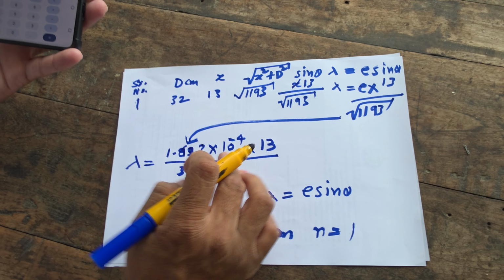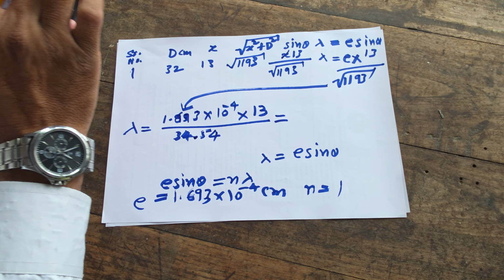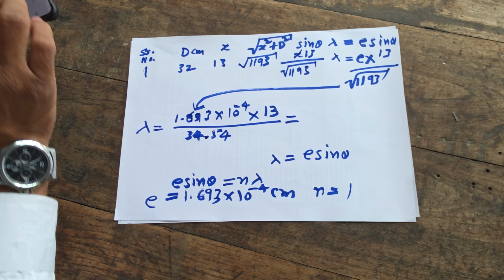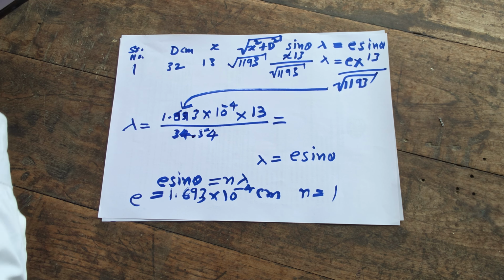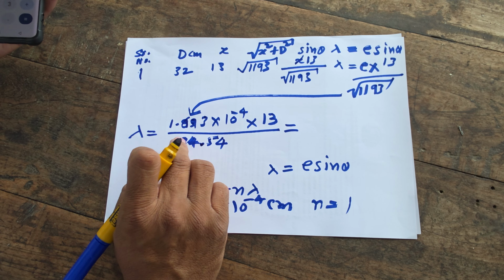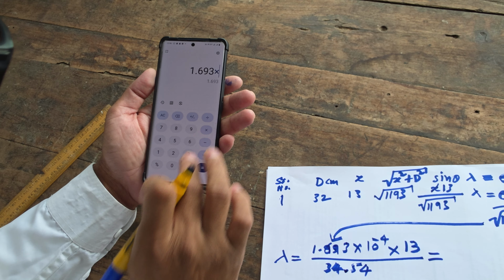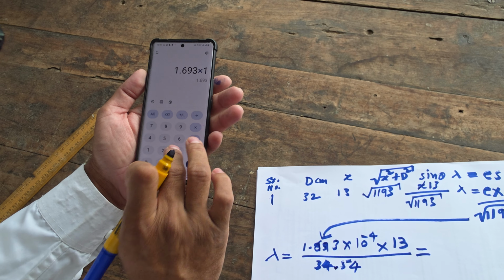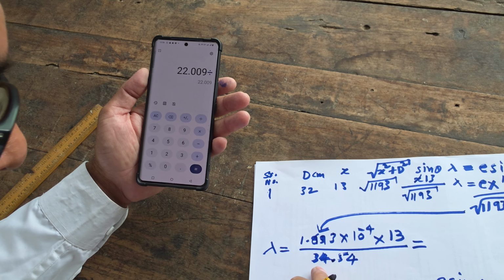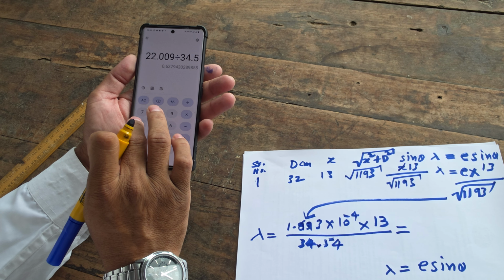So just we have to do these calculations now, remaining things. So it will be nothing but 1.693 into 13, and we have to divide it by 34.54.